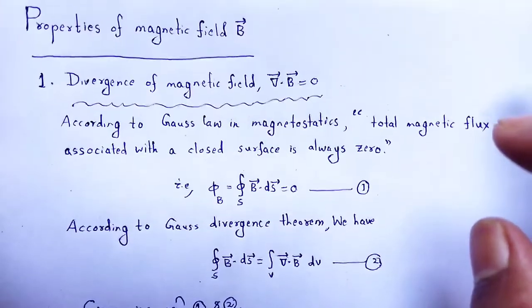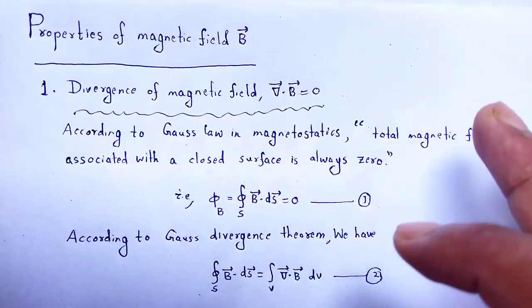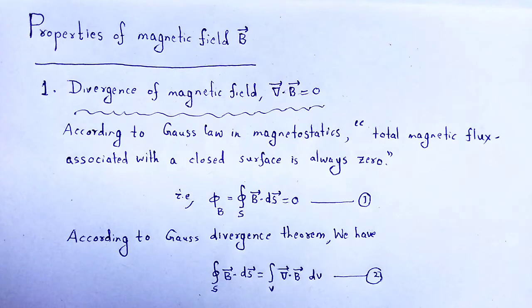Next property of magnetic field, that is curl of magnetic field.